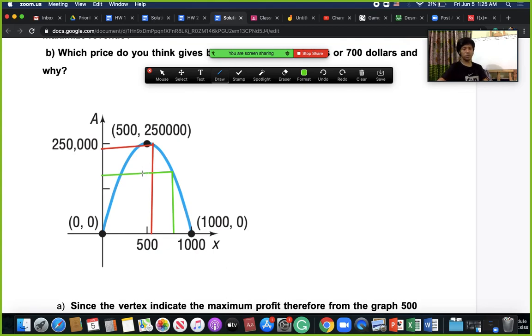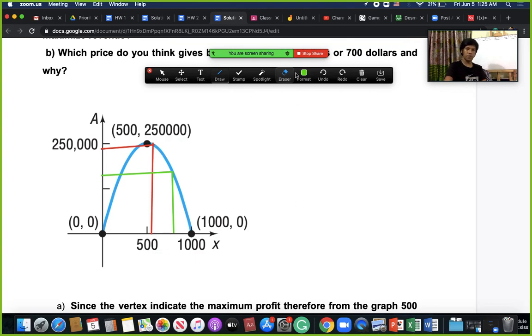But actually, we do not know everything. The thing that the graph actually tells us, we know for sure, 100%, is that $550 gives a better solution than $700.